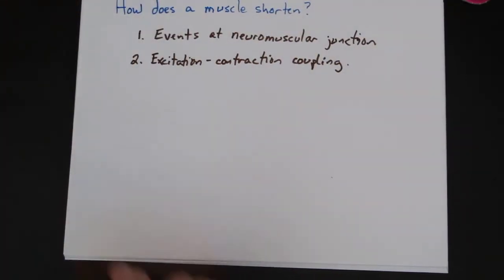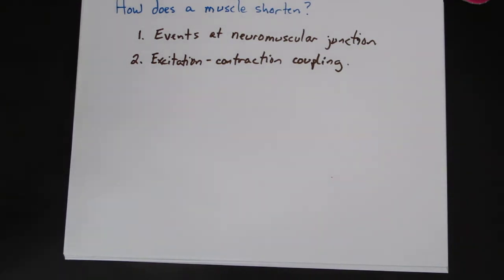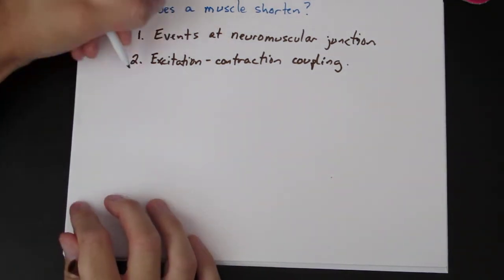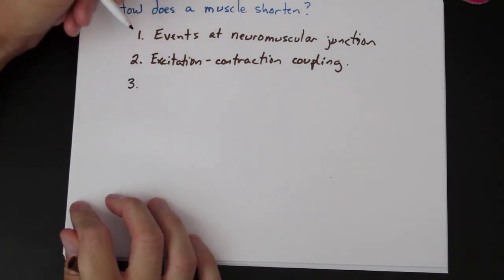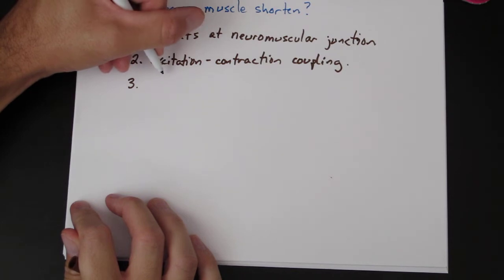All this is really saying is, how are we coupling the excitation of the muscle with the actual contraction? So what's happening in the muscle to essentially propagate the signal that we're starting? And then the third thing that we have to deal with is the actual contraction itself.